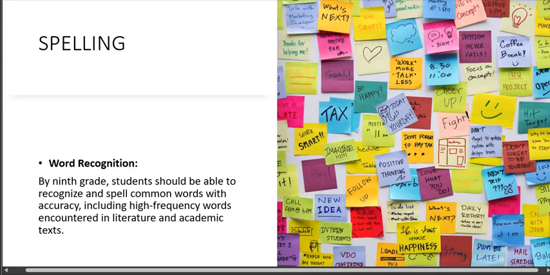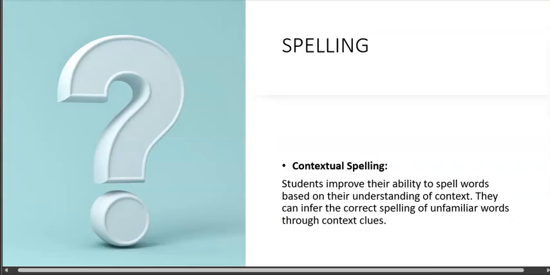Then the next thing is contextual spelling. Here it's your ability to spell words based on your understanding of the context. For example, I'm talking about poverty and you find some words there. I want you to use your context or have a clear understanding of what I'm talking about and try to spell the word out.